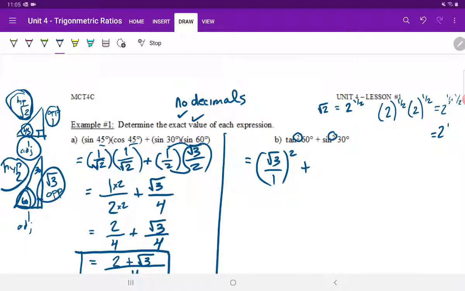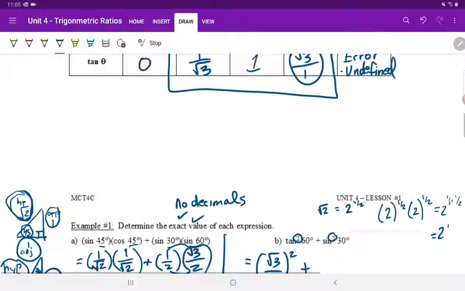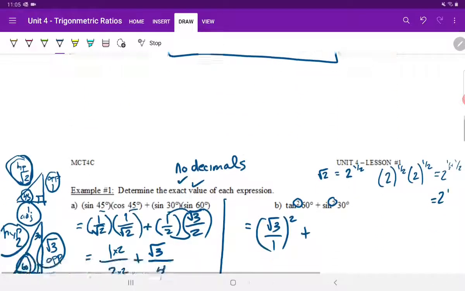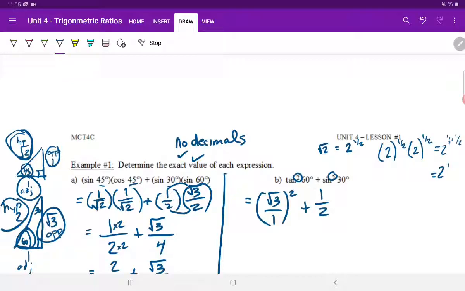Plus sine of 30 squared. So let's find sine of 30. We have 1 over 2. Square it. Now let's solve what this ends up being. So we have the square root of 3 all squared.